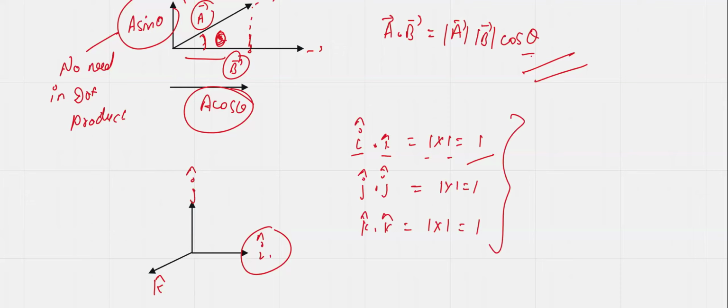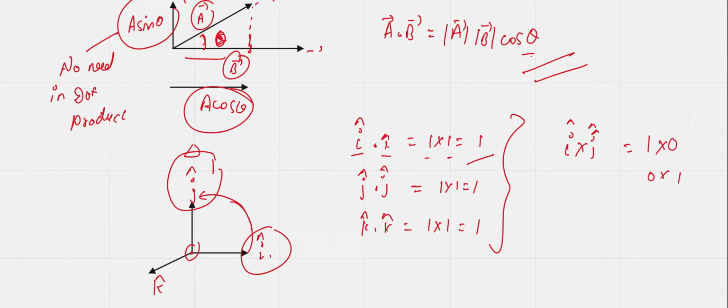Okay. If I ask you I dot J, you will say either way: the component of J on this, if you look from the top, what is the component of J? You are going to look at this axis, only this particular point, which means your length is 0. So you can simply say 1 into 0, or either way 0 into 1. You have two options: either take this component and this, or this component and this.